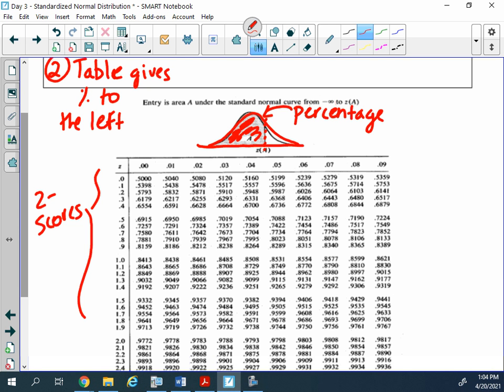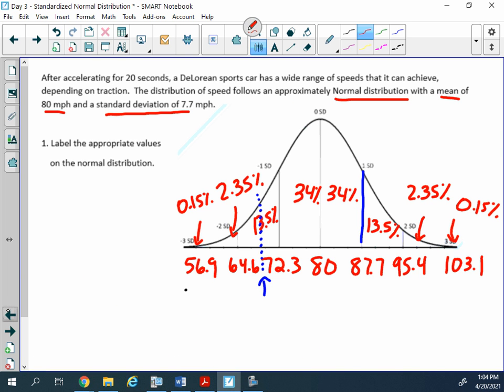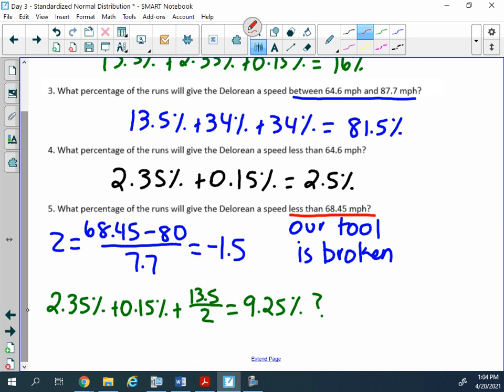So let's say, going back to our answer we had, for number 5, we wanted to find less than, so that means values to the left. So using the table will be helpful because it only really finds the percentages to the left of the 68.45. So we figured out that the z-score was negative 1.5.